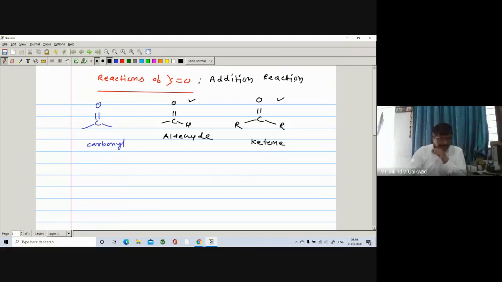In this carbonyl compound, if you know the structure, then very easily we can write their reactions.